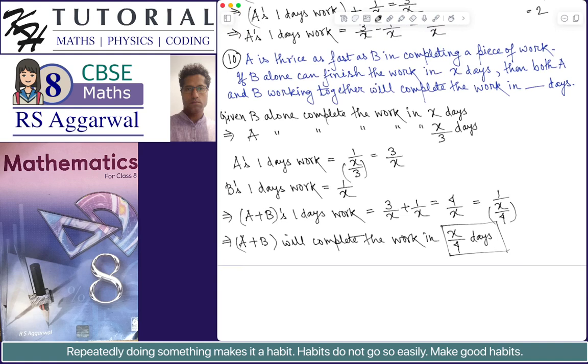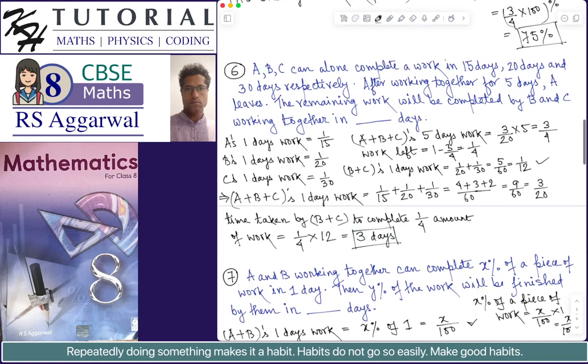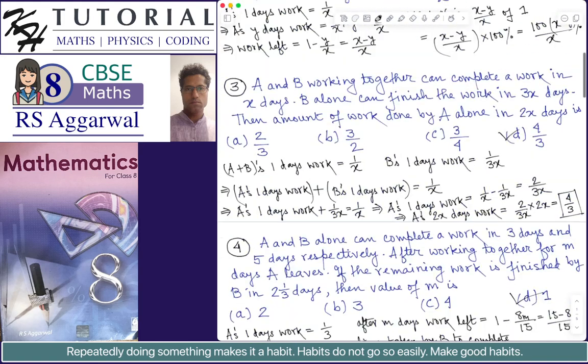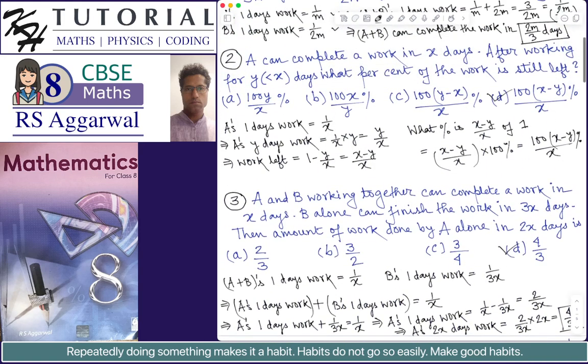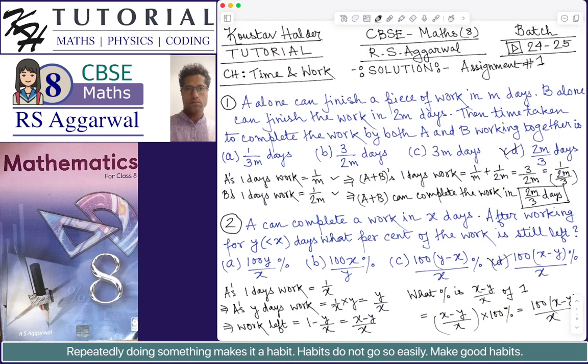So this brings to an end the solving of the problems of the exercise of assignment 1, which was given in the previous video, in the part 1 video, where I discussed the two general rules of solving problems of time and work.